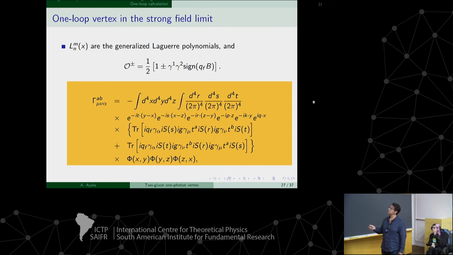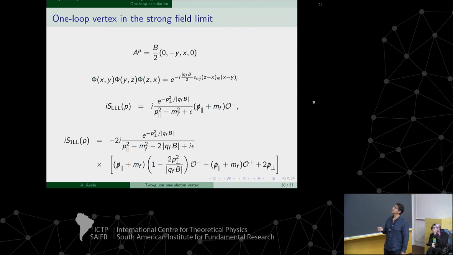Of course, you have to work in coordinate space and integrate over all of the possible coordinates of the vertex. And if you work in the case in which, this is a symmetric gauge, the magnetic field is pointing out in the Z direction, you compute the product of the phases, and you carry out the integrals.